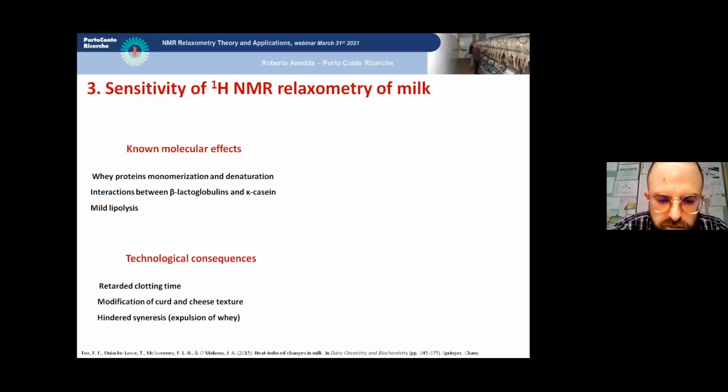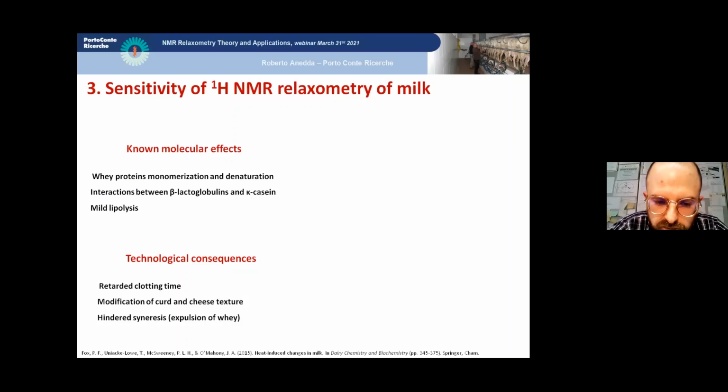So the non-molecular effects of heat are reflected in some way in the NMR relaxometry parameters of milk. Protein denaturation leads to changes in the distribution of water molecules within the sample. As I said before, this has also important consequences on the functional properties of milk: retarded clotting time, modification of curd and cheese texture.